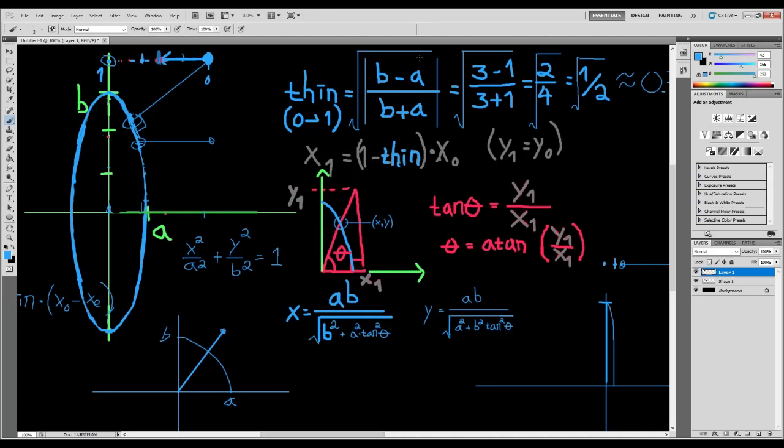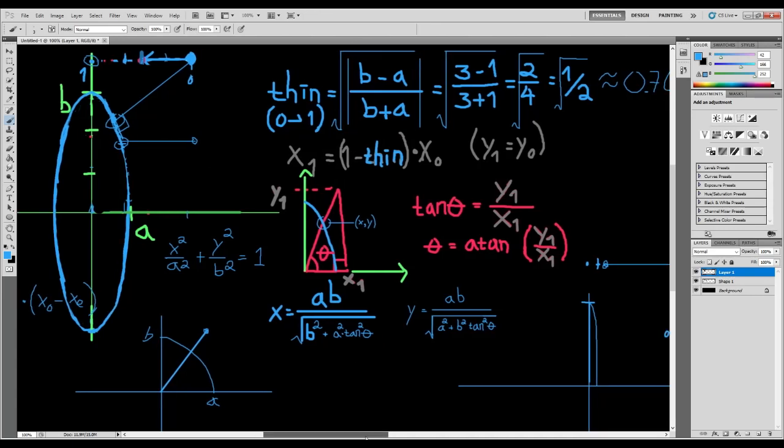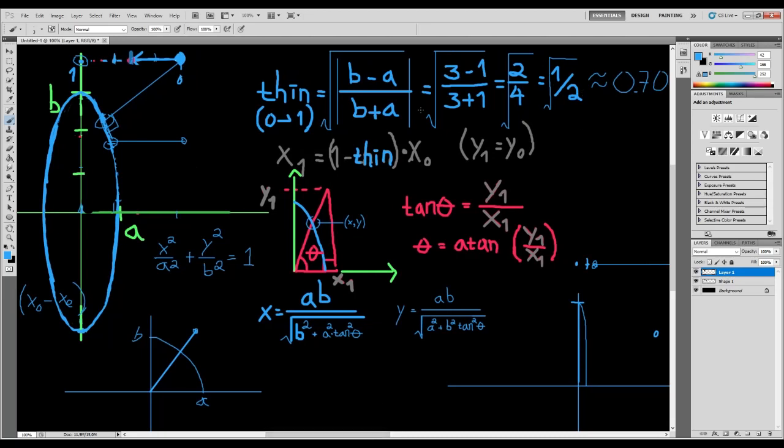And the square root is just there, it just makes it a little bit nicer, but the whole thing will always be between 0 and 1. So it's a ratio of how much you go towards the ellipse as step 1.